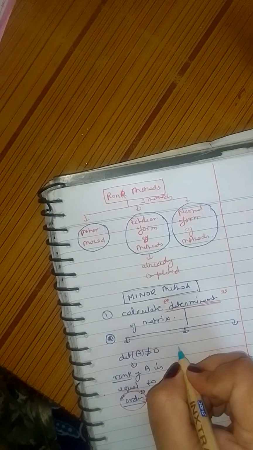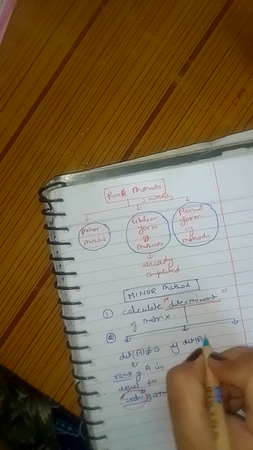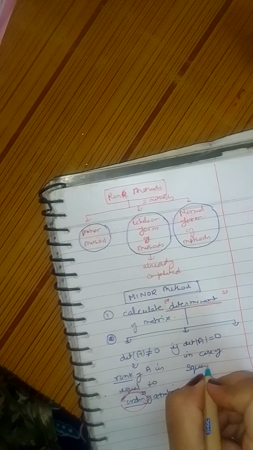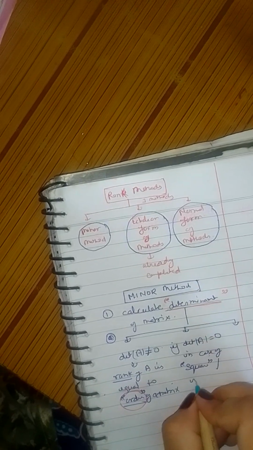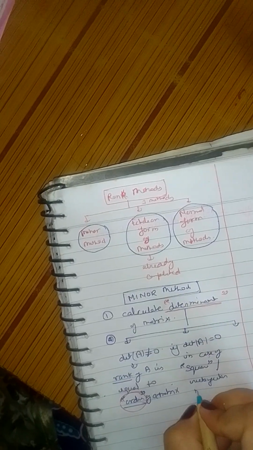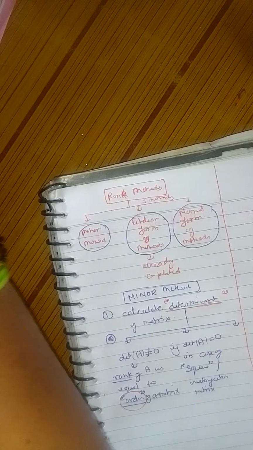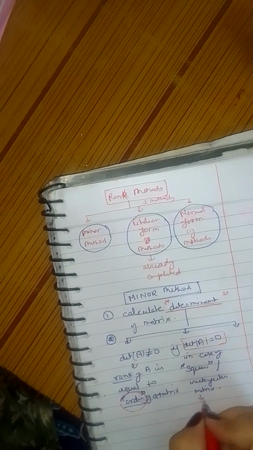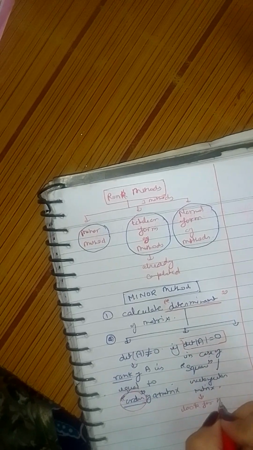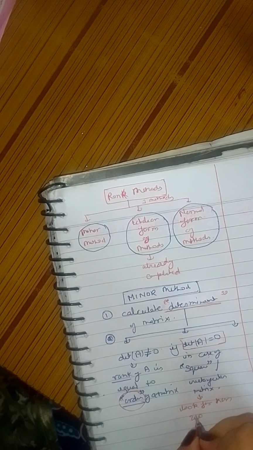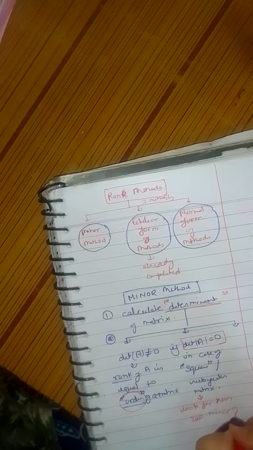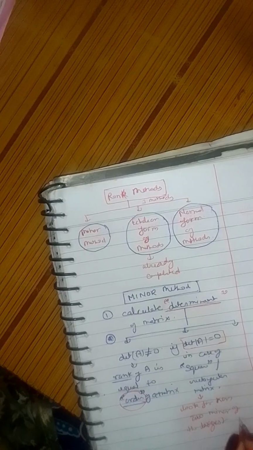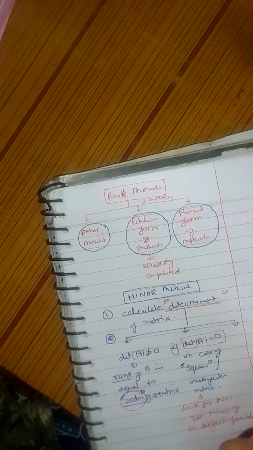Now if determinant of A comes 0, in case of a square or rectangular matrix, if determinant of A came 0, then look for a non-zero minor of the largest possible order.